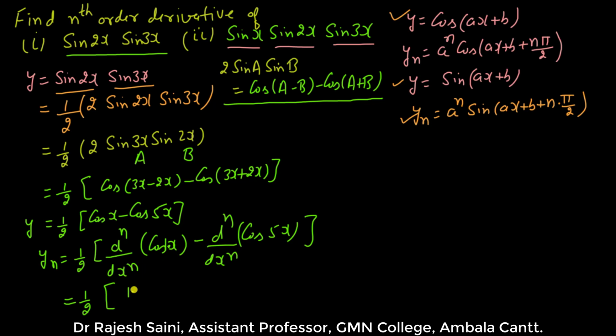So it will be 1 raised to the power n, cos(x plus n pi by 2), minus, as such, the coefficient of x is 5, so 5 raised to the power n, cos(5x plus n pi by 2), and close the parenthesis.